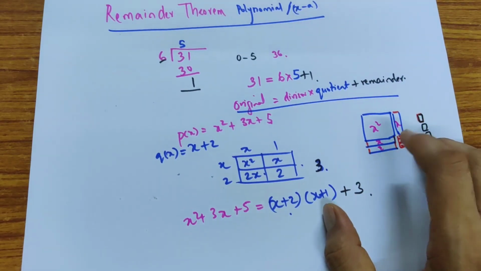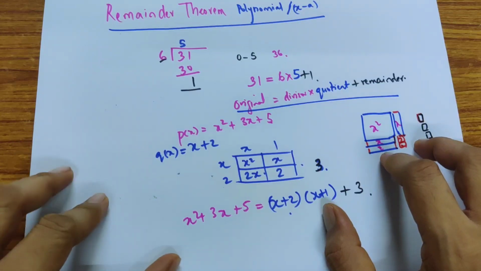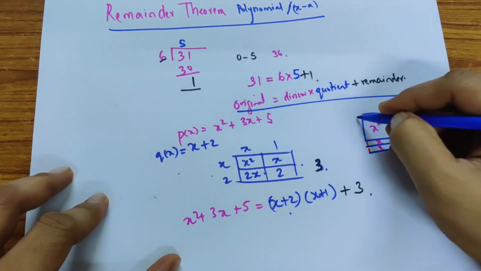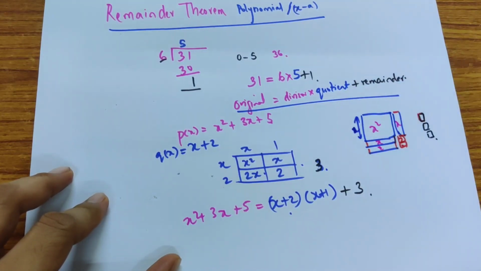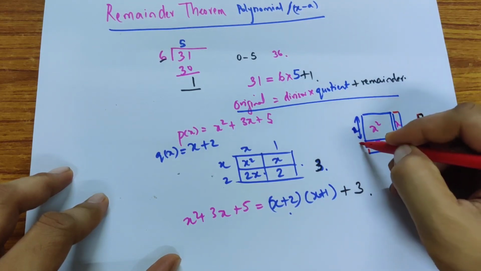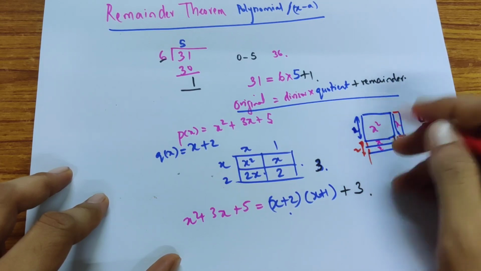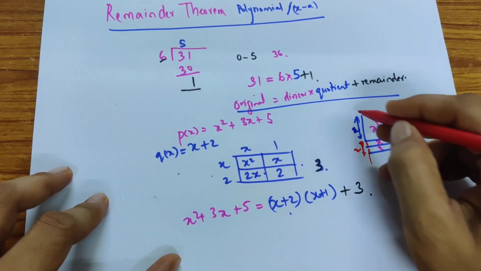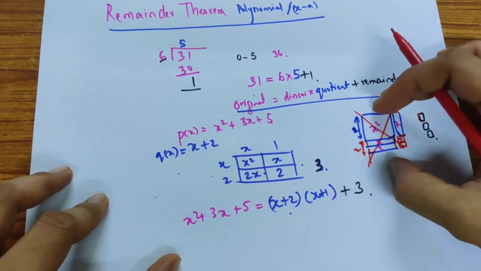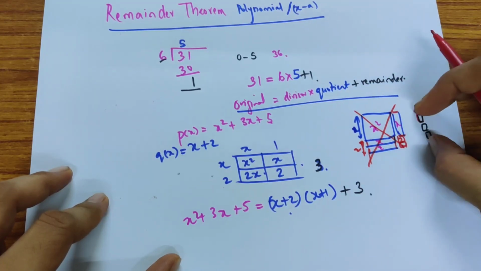This is important because when I say this length is x and this length is 2, when I put x equal to negative 2, it means the height of this goes to 0. So this whole product term will go to 0, leaving only these.